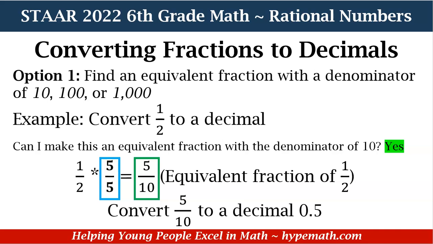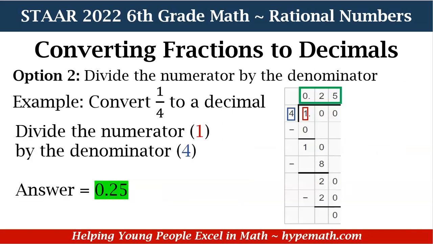Now let's talk about the second way we can convert a fraction to a decimal. It's by dividing the numerator by the denominator. So in our example, we are going to convert 1/4 to a decimal. We are going to put our denominator on the outside of the house and the 1 on the inside.